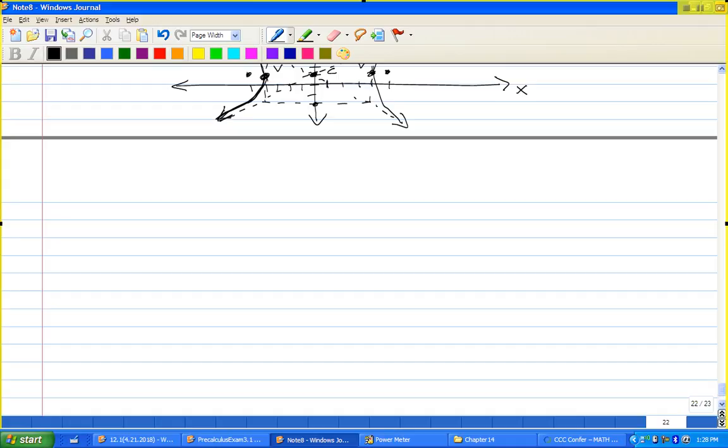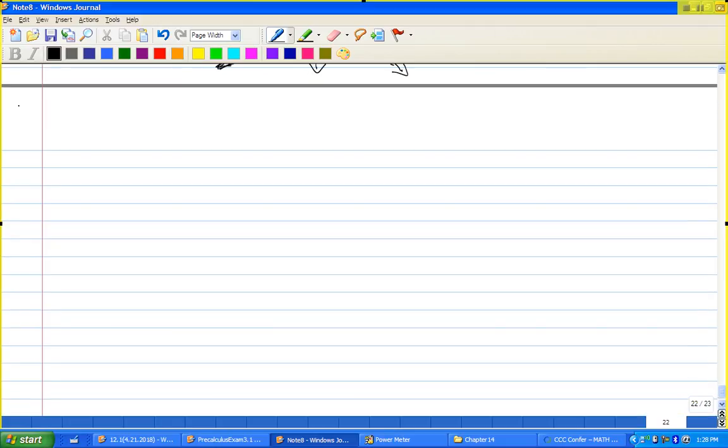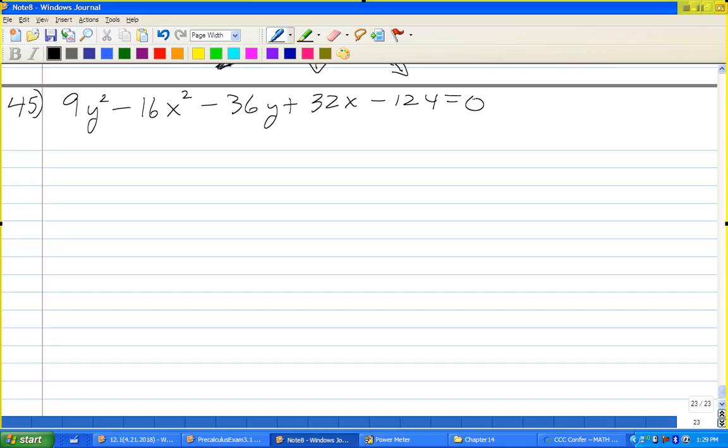45. 9y squared minus 16x squared minus 36y plus 32x minus 124 is 0.